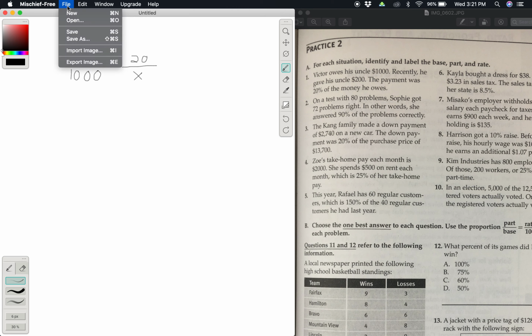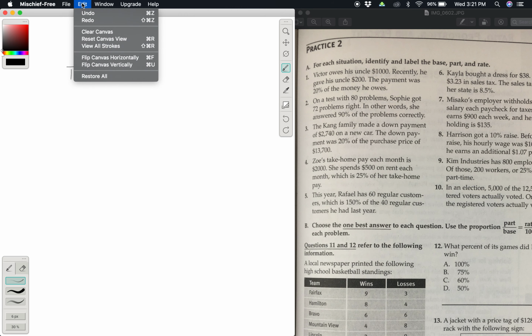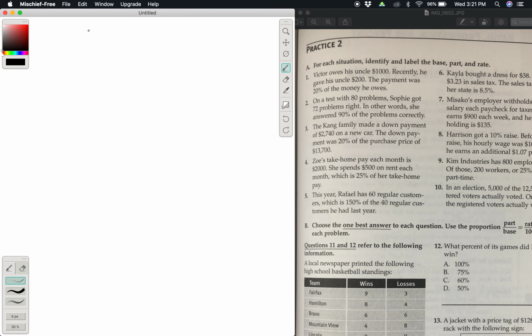Let's clear this, and I'm not going to go over all of these because they are pretty much exactly the same over and over. You'll actually see how simple this is. Number 2: on a test with 80 problems, so we know 80 is the total. Let's finish reading. Sophie got 72 problems right. In other words, she answered 90% of the problems correctly. So 80 is the base.